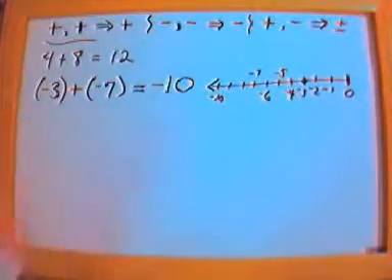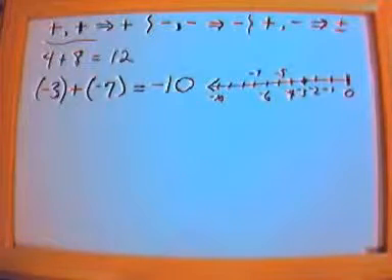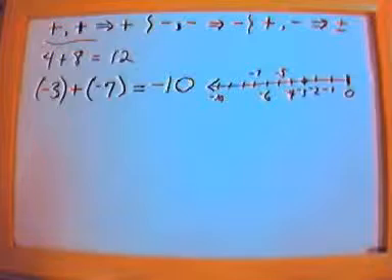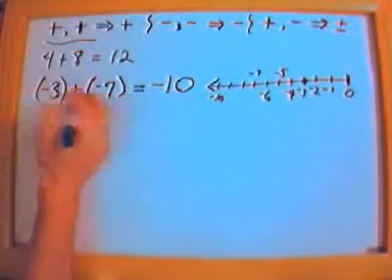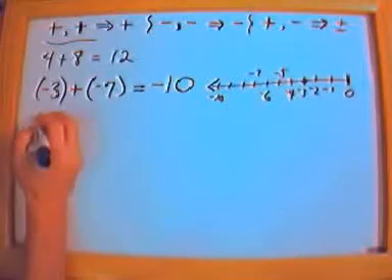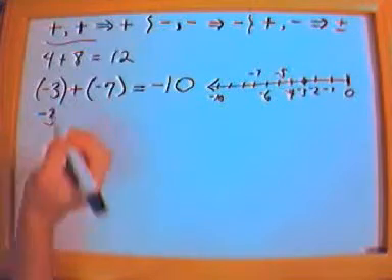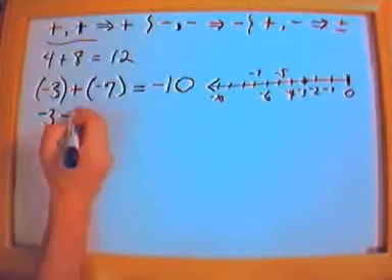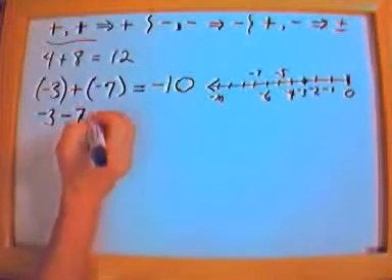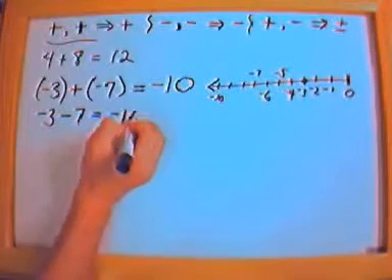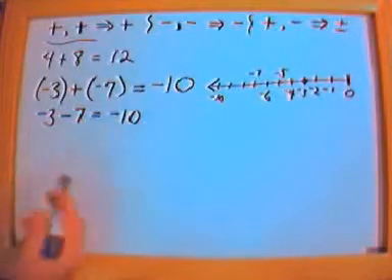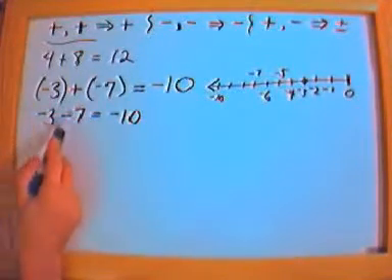Negative plus negative gives me negative. That's pretty much the simple way to say it. Another way to write this, you'll see it as we go along, but I want to make you aware of it. You don't need these parentheses explicitly. You can write this as negative 3. When you have plus a negative number, it's the same thing as a minus that number. Negative 3 plus a negative 7 is the same as negative 3 minus 7.